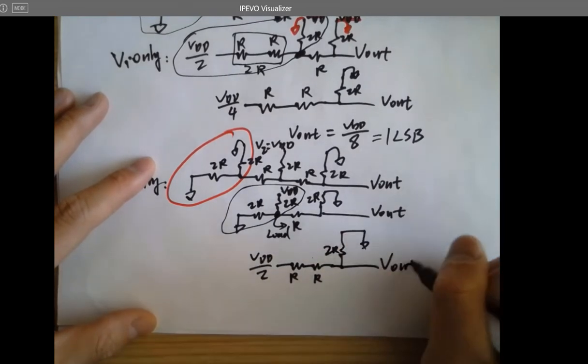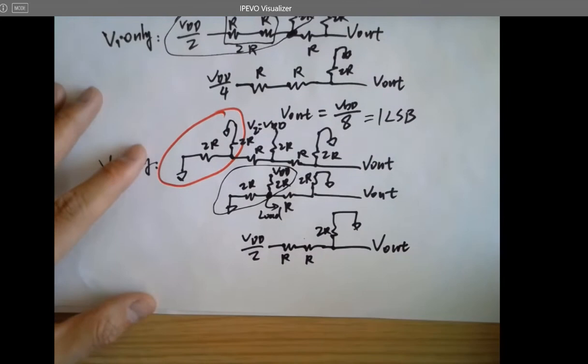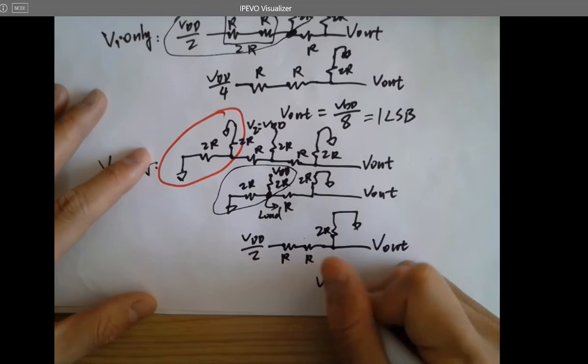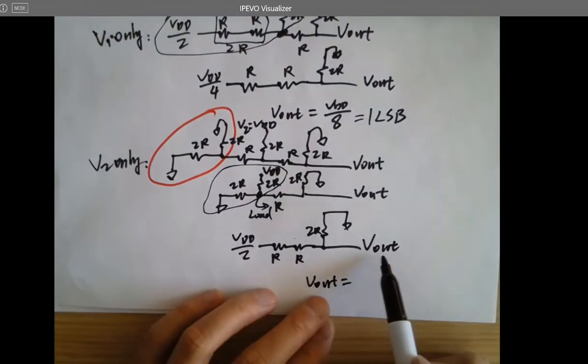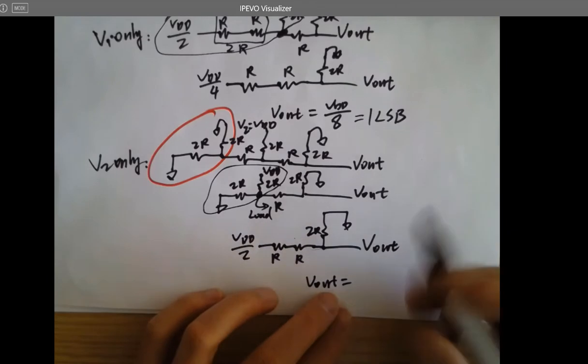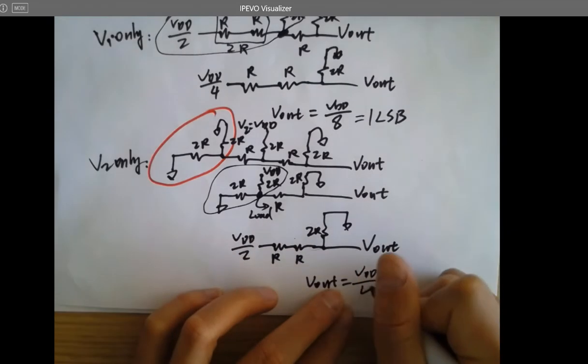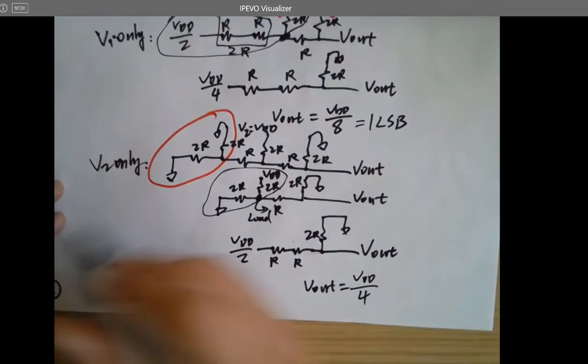Vout. So what is Vout in this case? 2R, 2R. VDD over 4. Any questions so far?